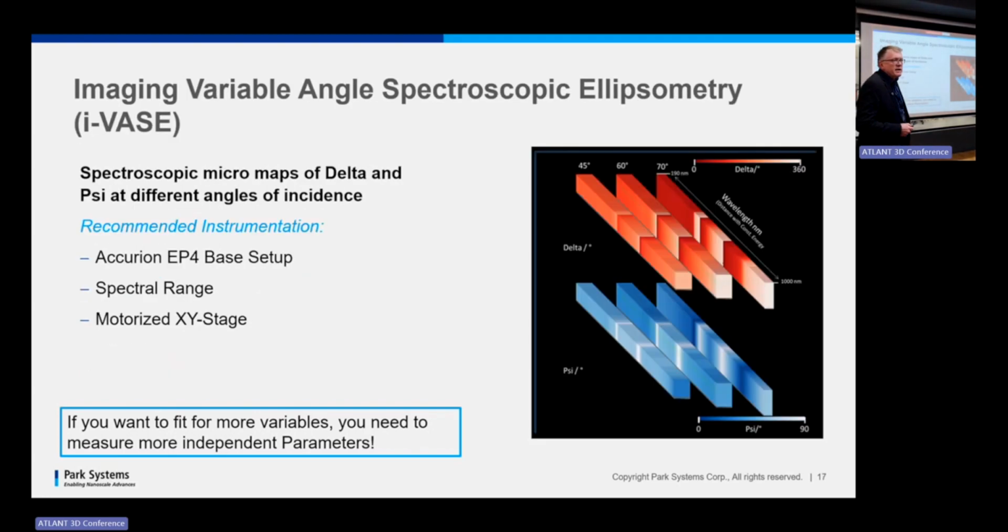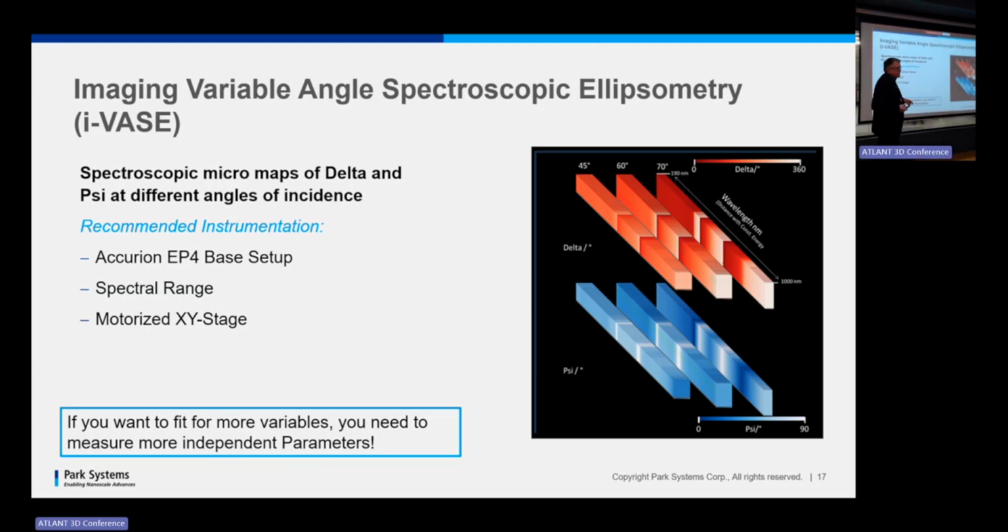The next step is that you measure delta and psi at different angles of incidence. Of course, that is a very helpful tool to decouple the optical properties from the thickness. That's the reason why variable angle spectroscopic ellipsometry is a standard method, and imaging variable angle spectroscopic ellipsometry, of course, combines these things.